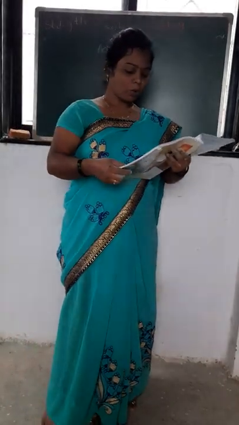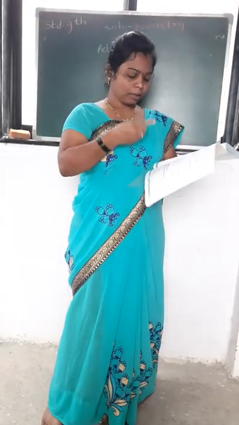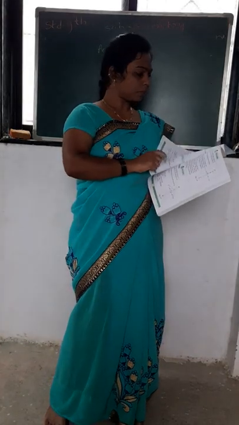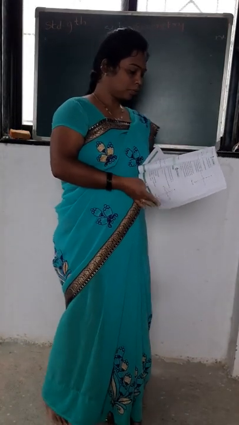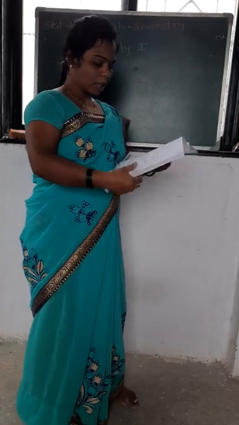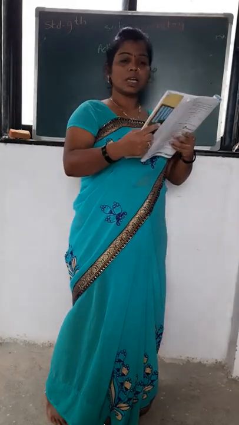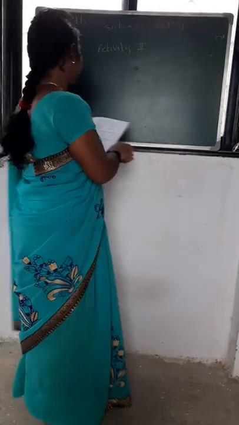Next property is the property of the median drawn on the hypotenuse of a right angle triangle. Before starting the property, we have given one activity.